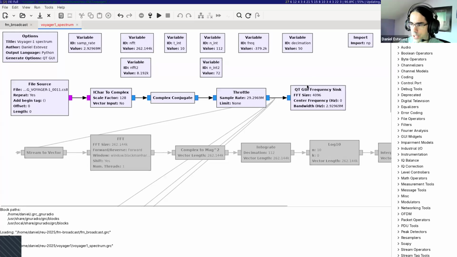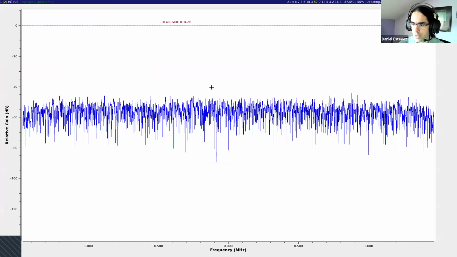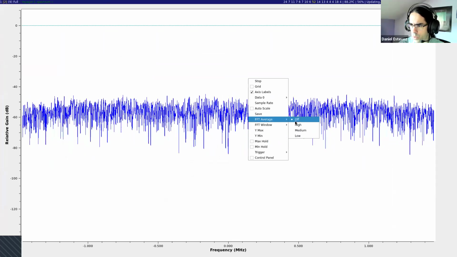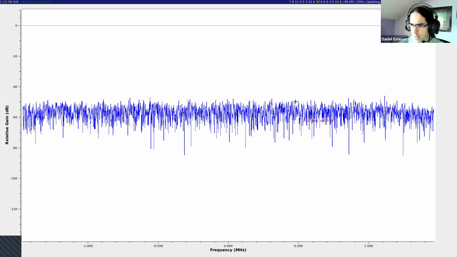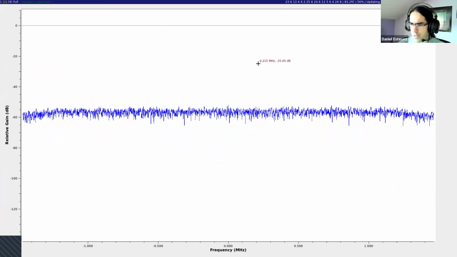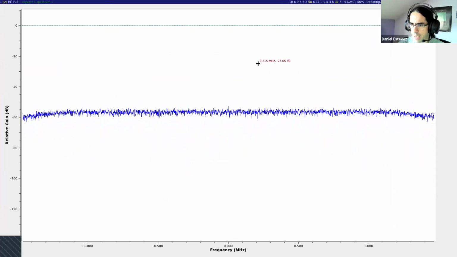And then we have this Qt GUI frequency sink, which, as I was mentioning last week, is the easiest block to do a spectrum plot in GNU Radio, but it's not great. To demonstrate that, I'm going to run this, and even if I use high averaging, I don't know if anyone can tell me where the Voyager signal is, and it's not this thing.